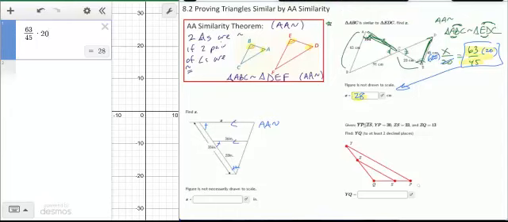Either way, once you find this out, what you can do is you can solve for your corresponding parts. Notice these triangles are oriented in the same direction, so even though there's no points to label, we see that X corresponds to this corresponding length 36 in the same ratio that we have this whole side of the large triangle, which is 35, over its corresponding piece in the smaller triangle, which is 20.